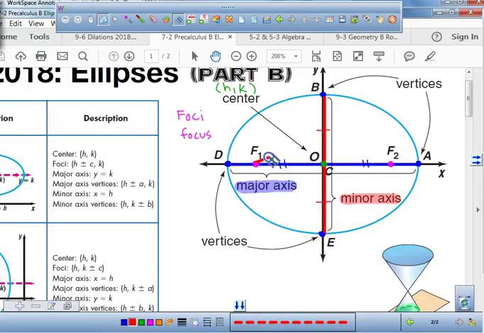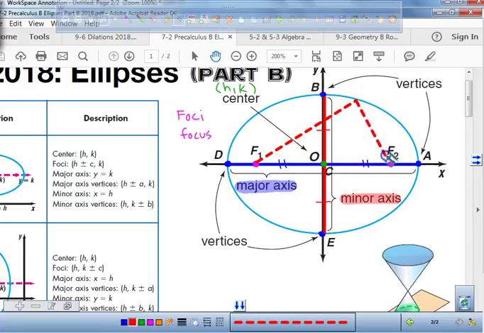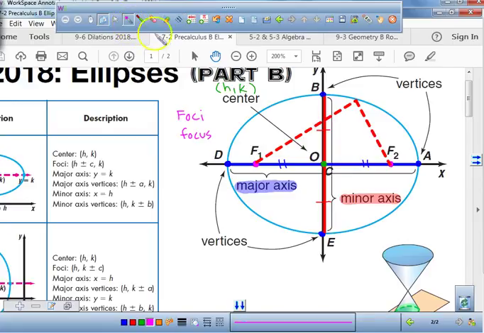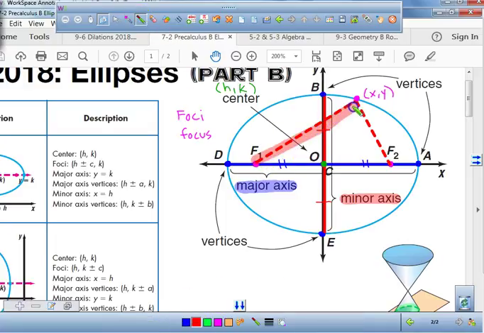if I go from one focus to any point right there, and I go from this point down there, whatever the distance is between the focus and this point, I'm just going to call it an X and a Y coordinate. Think about this distance here to here, and here to here. That distance will be the exact same as for any other point.